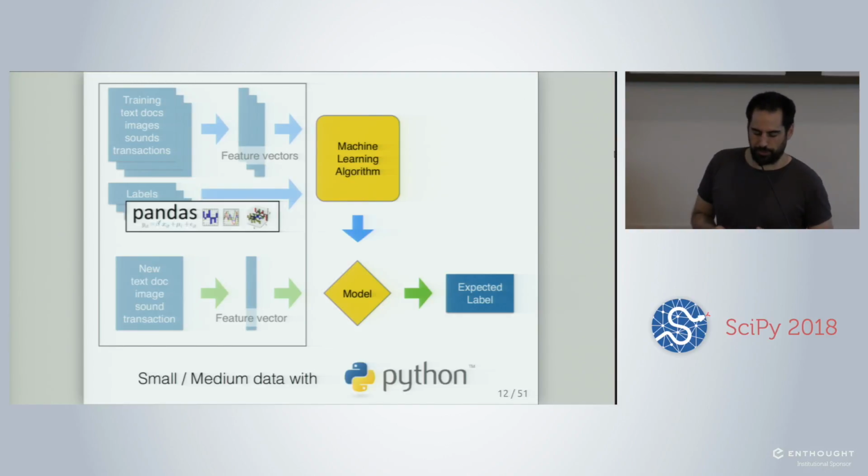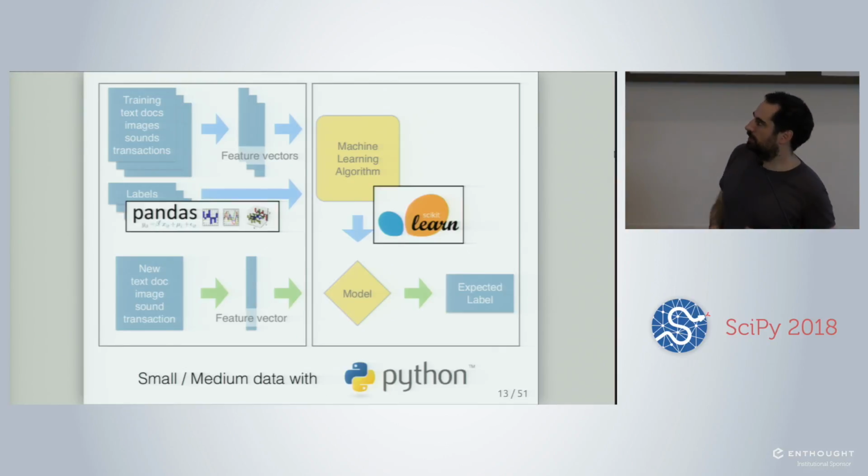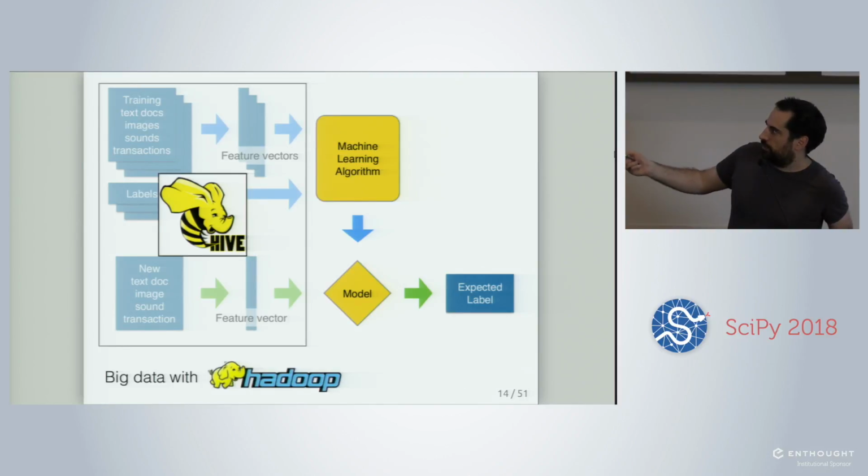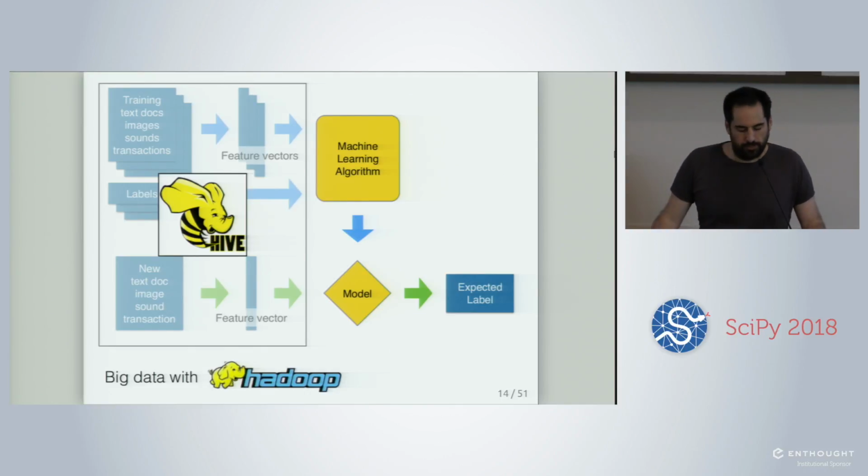Nowadays, for sound and images, for instance, there are generic ways to do that which are machine learning driven, like neural networks. But for many other domains, you really need some kind of domain-specific expertise. Once you have these numerical feature values, feature vectors, you can use a generic machine learning algorithm, such as the ones that are provided in Scikit-Learn.